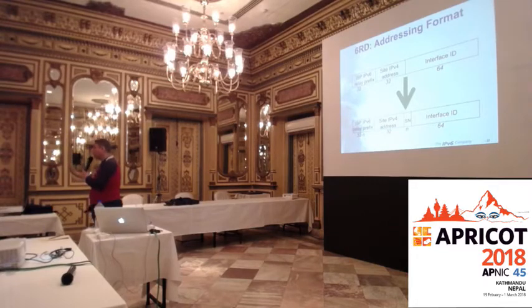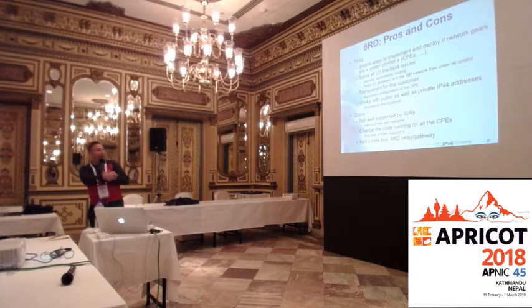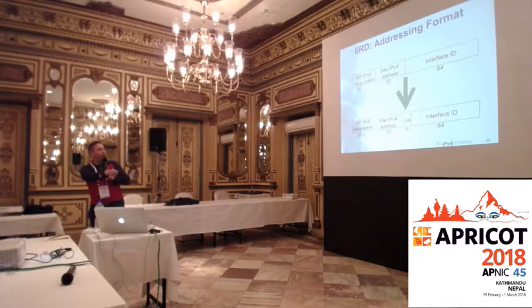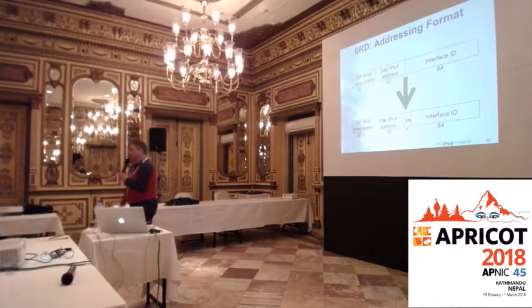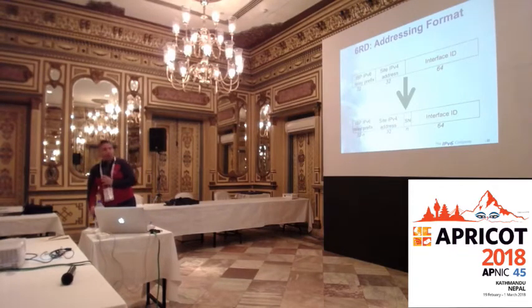So at the end, you can get any number of /64s. So perfectly, you can get again a /48 for your customer, or something in the middle. Okay. So this is a good protocol.